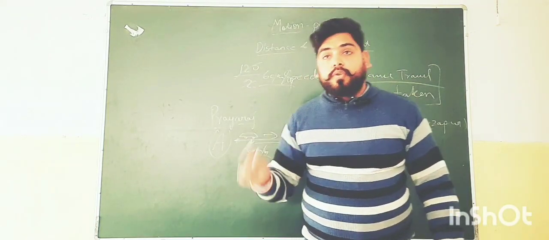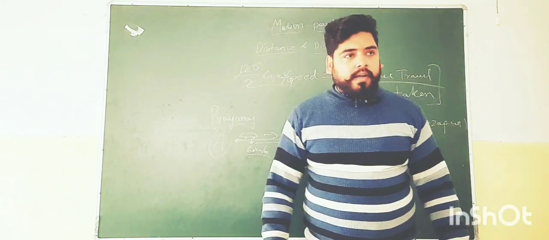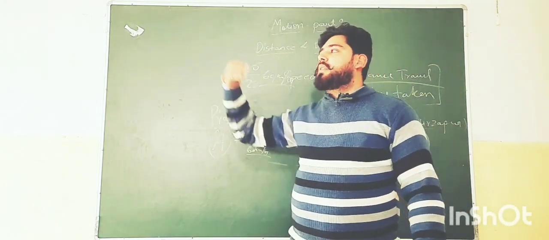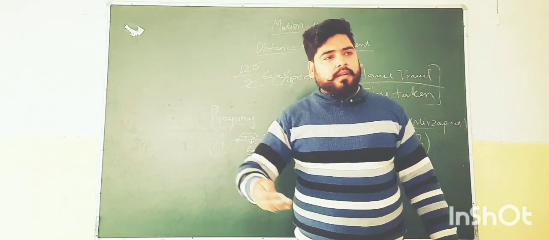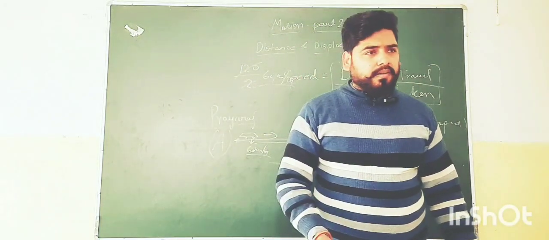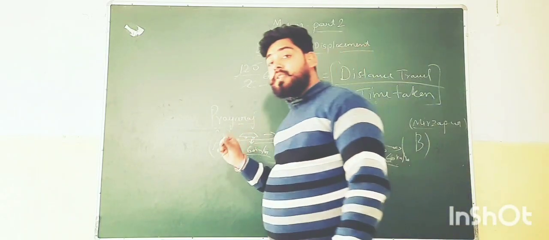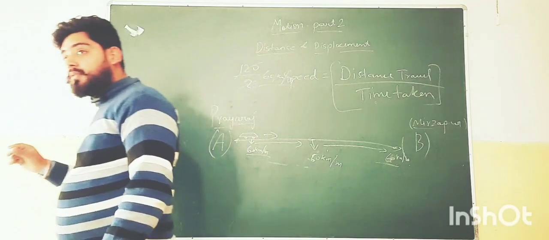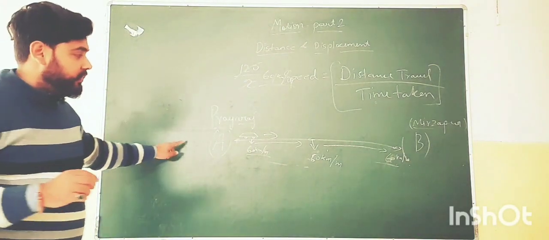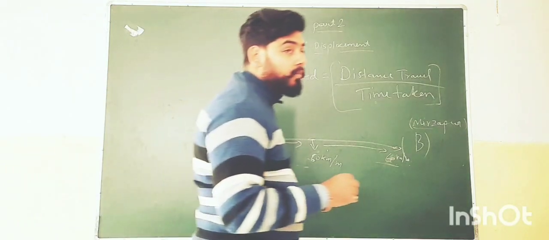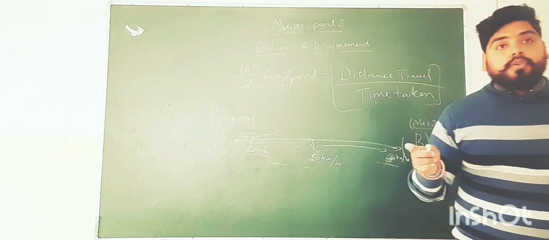And if it is changing continuously, here it is 20, then after a few kilometers it will be 50, then again 60, 80, 90, that is non-uniform motion.